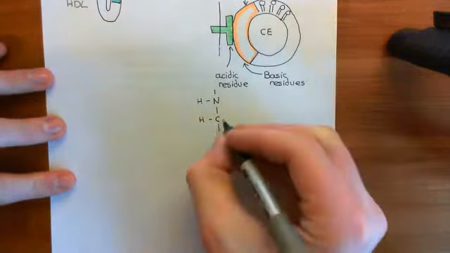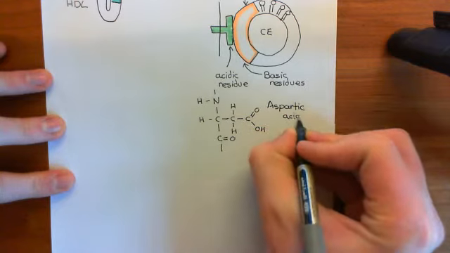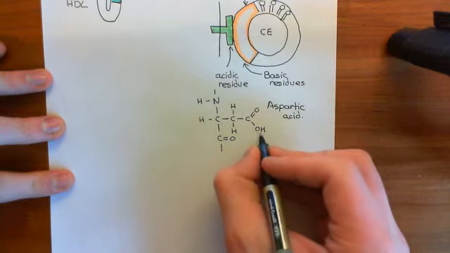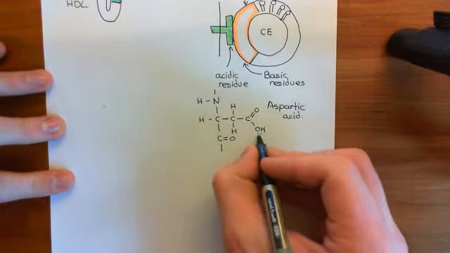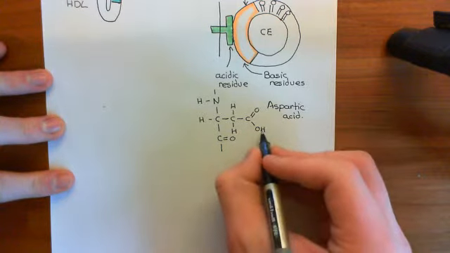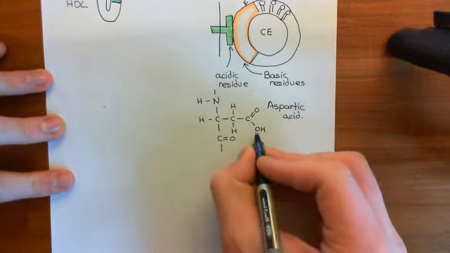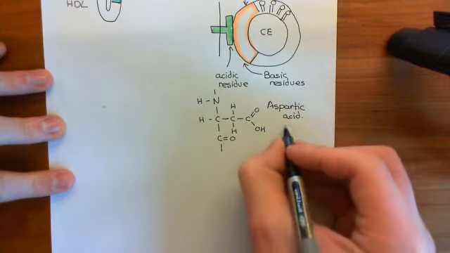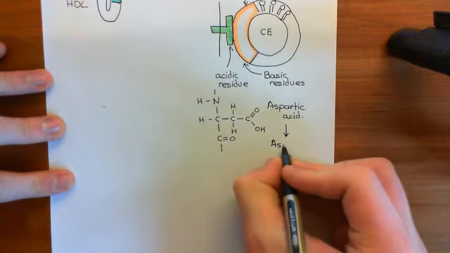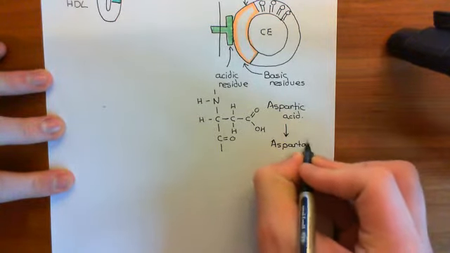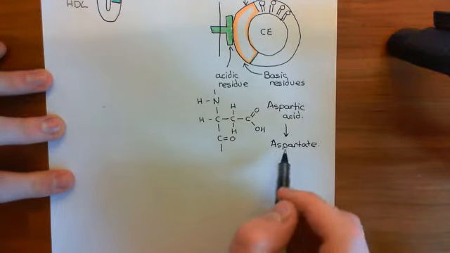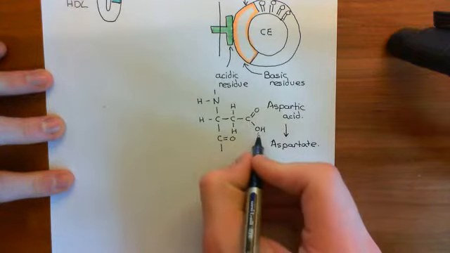Okay, now, in physiological pH, what will generally happen to acidic amino acid residues, such as aspartic acid, is that they will lose their protons from the oxygen of the alcohol group within the carboxylic acid group. Okay, so the proton will dissociate off, leaving this oxygen with a negative charge, and the conjugate base of aspartic acid is called aspartate. Okay, so most of the acidic amino acid residues will exist as their conjugate bases rather than as the actual acid molecule.